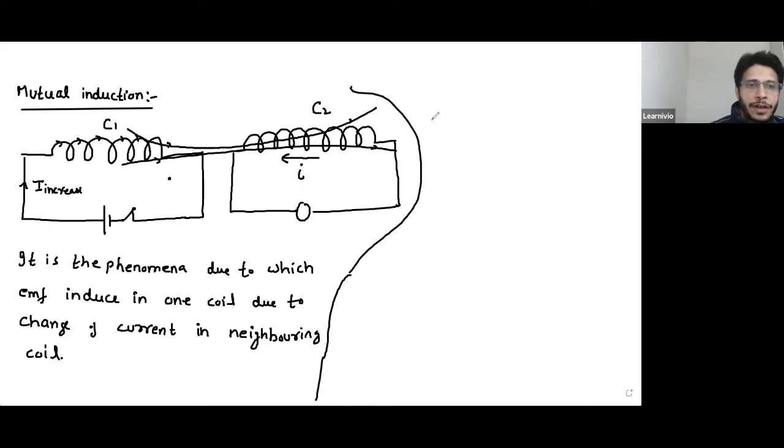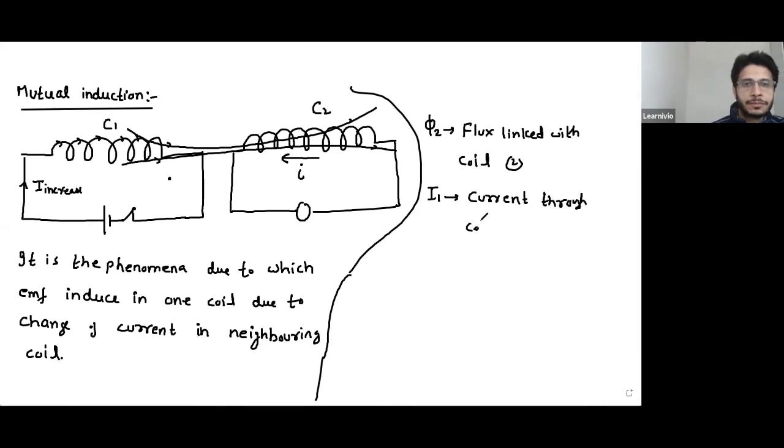So now, if I define flux phi2 as the flux linked with coil 2, and I1 is the current through coil 1, then the flux linked with coil 2 is proportional to the current in coil 1.